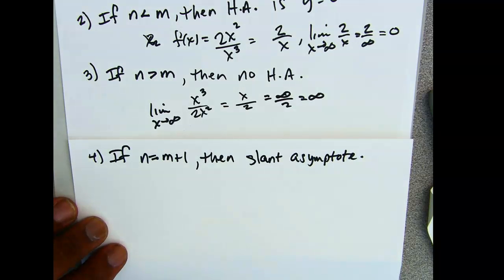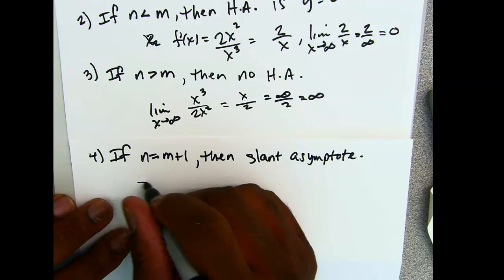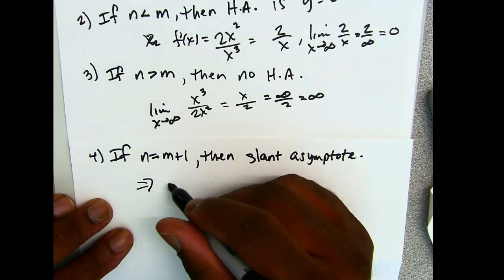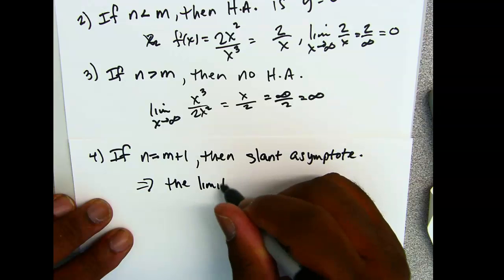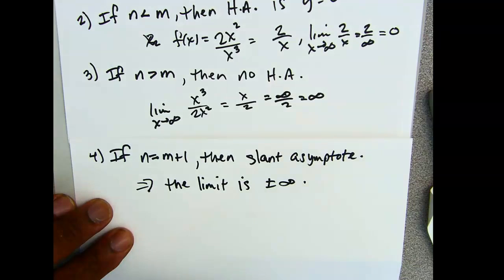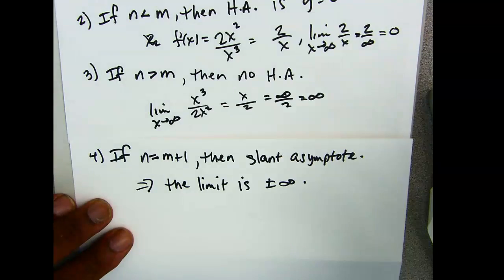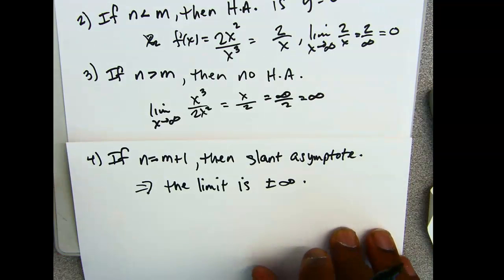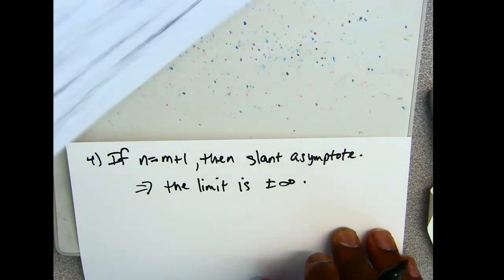And you're a rock star if you remember that in order to find your slant asymptote, you would do long division and come up with the linear or the line from that. So even with a slant asymptote, that implies that the limit is plus or minus infinity. Okay, but we're not going to focus too much on the slant asymptote here. All right, so let's take a look at a couple of examples.